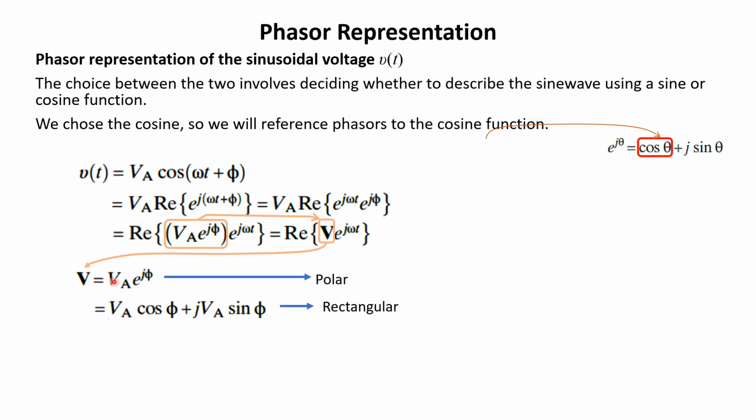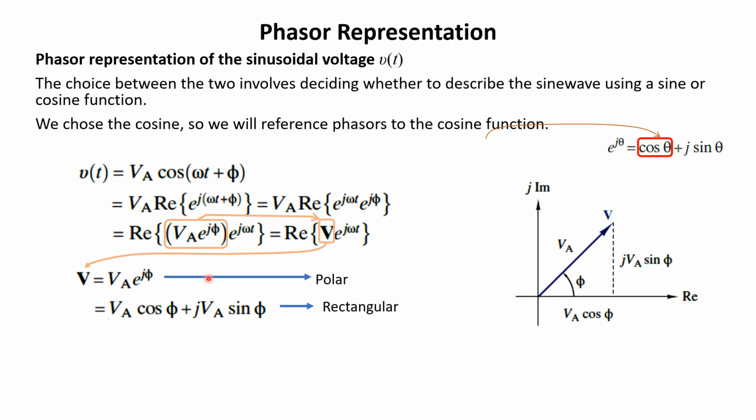We can proceed with this representation. If we multiply two phasors, say V1 is V_A1 e^(j phi 1) multiplied by V_A2 e^(j phi 2), we just multiply the magnitudes and add the angles, and you may recall this from your college mathematics.